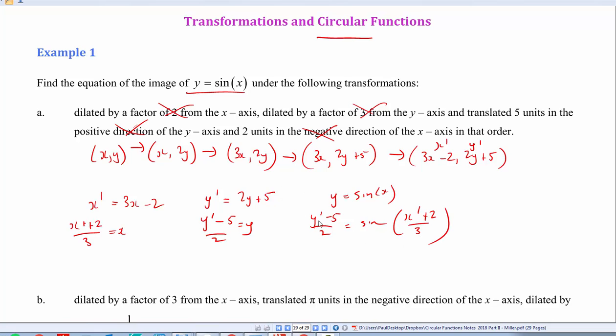We're going to drop the dashes now because this is a function in its own right, and just transpose this to make y the subject. So I'm going to multiply both sides by 2 and add 5 to both sides. So y is equal to 2 sine of x plus 2 on 3, plus 5. And that's my new function, or my image of the pre-image.